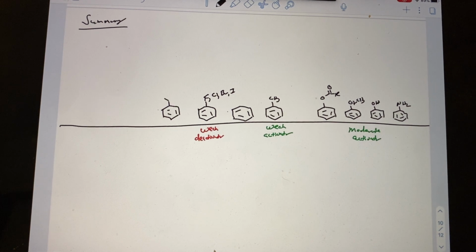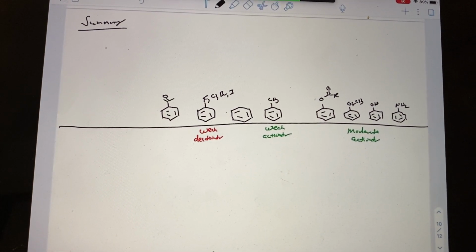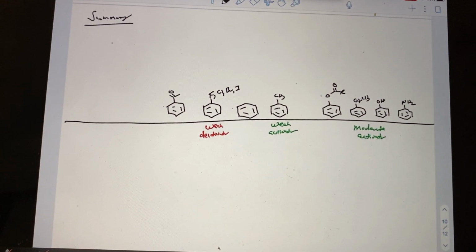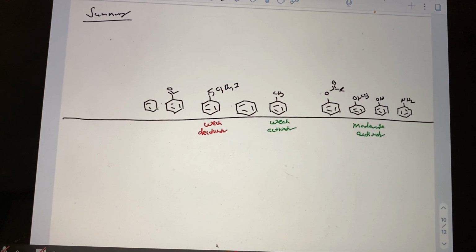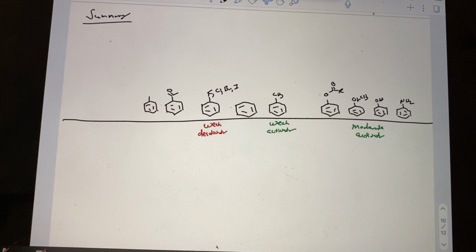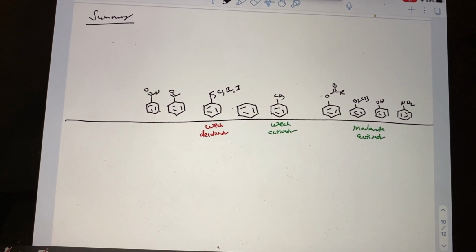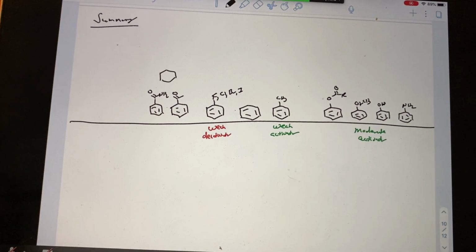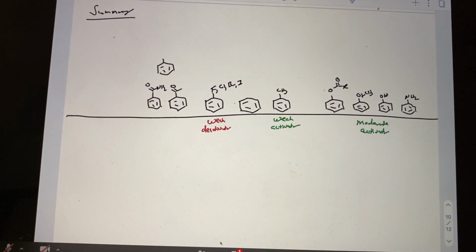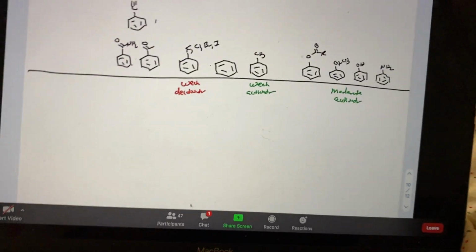And now we have groups that are moderate deactivators, and these are going to be functional groups that have an electron withdrawing group connected to the benzene ring, but they do not have a lone pair of electrons, so they cannot donate electron density into the ring. So something like a ketone, an amide. There's not enough room here, so I'm going to clump a bunch of them up here. A nitrile. These are all our carboxylic acid derivatives.